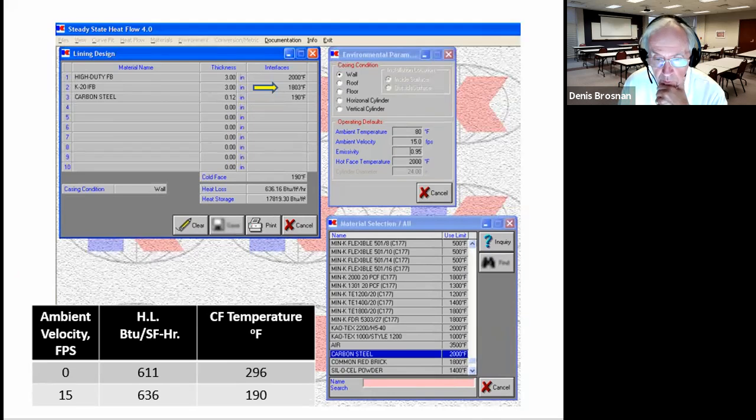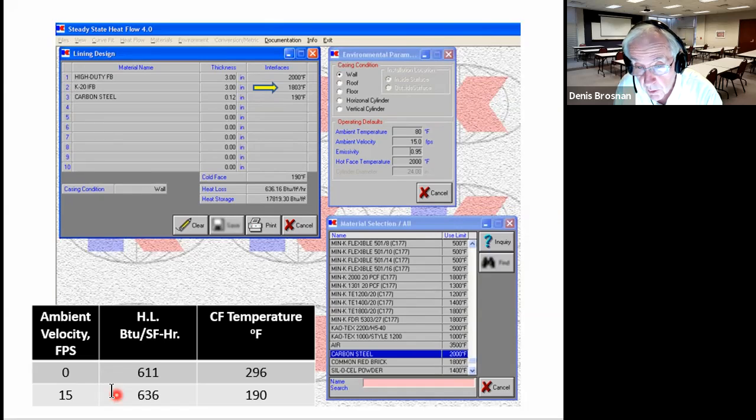Of course, you're able to easily add different velocities. So with the model that I'm using in a wall at 0 feet per second, you can see the heat loss was around 611 BTUs per square foot per hour. If I increase the ambient velocity to 15 feet per second, then I'm going to be up at 636.